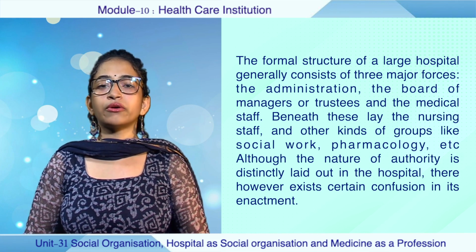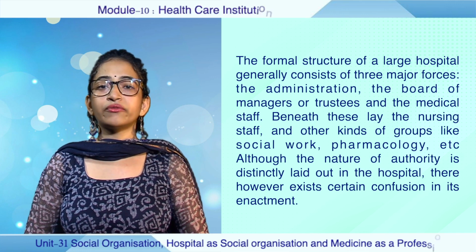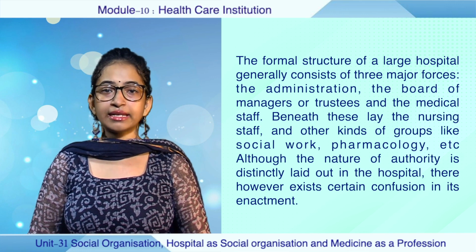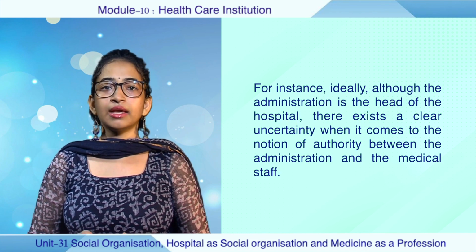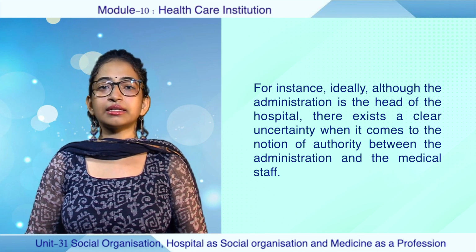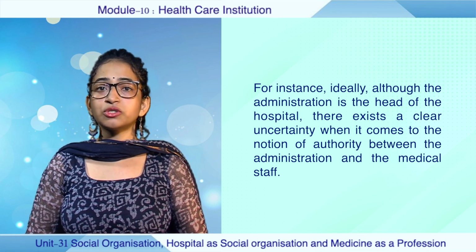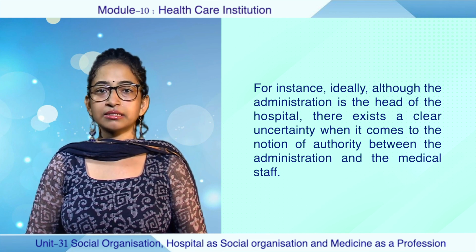Although the nature of authority is distinctly laid out in the hospital, there, however, exists certain confusion in its enactment. For instance, ideally, although the administration is at the head of the hospital, there exists a clear uncertainty when it comes to the notion of authority between the administration and the medical staff.